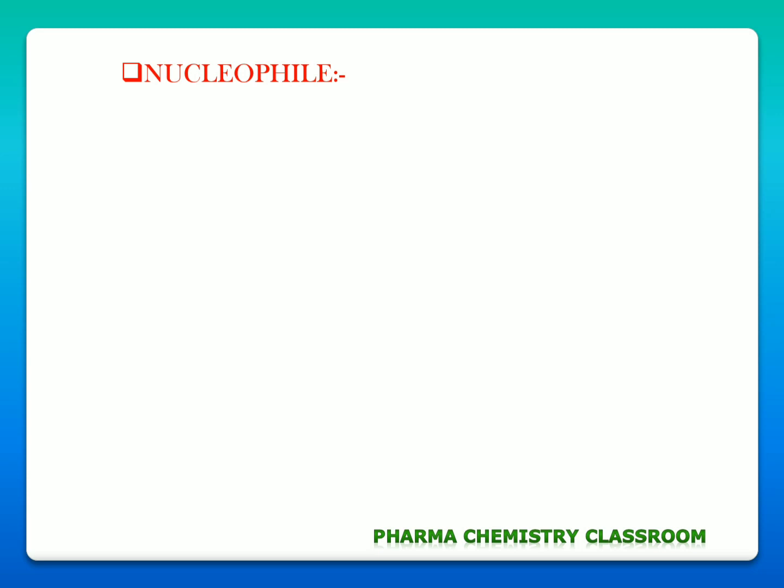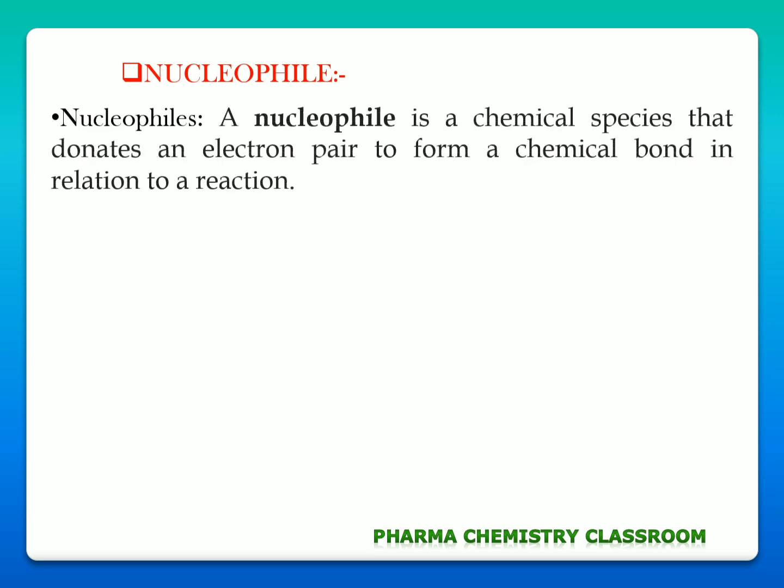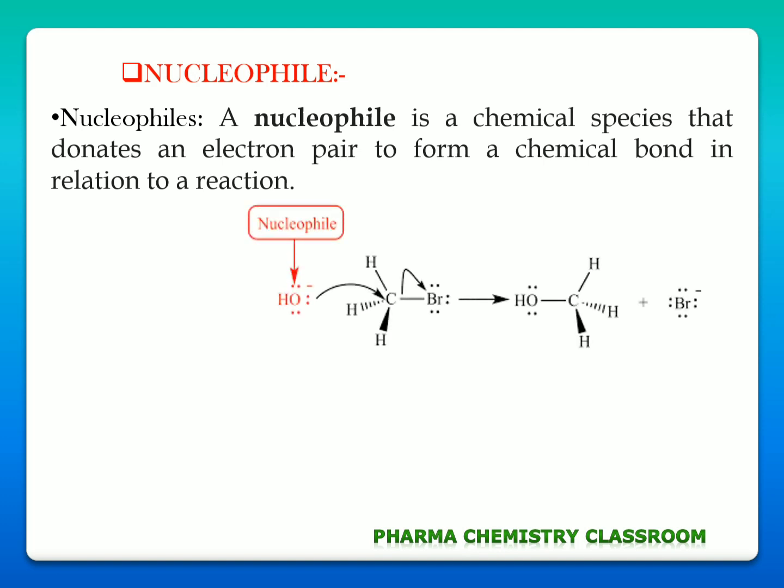Next component is nucleophile. I told you already, nucleophile is a nucleus loving species. They have a negative charge and they can donate a pair of electrons to any electron acceptor. See here, this is an alkyl halide on which substitution is going to take place, and this OH minus is a nucleophile.